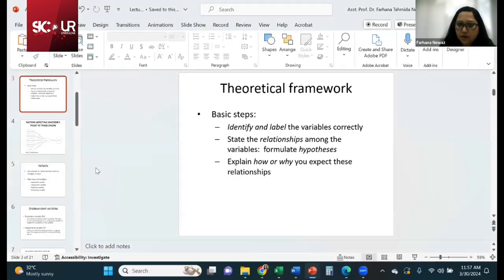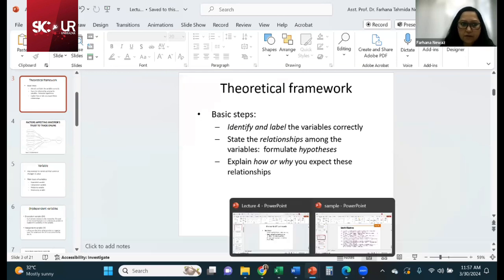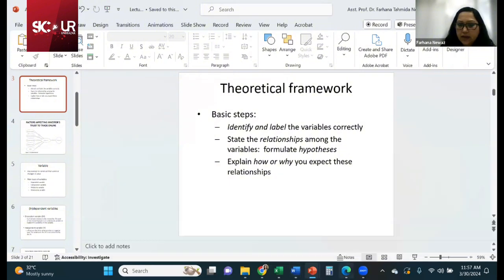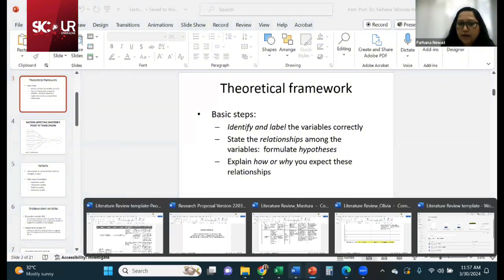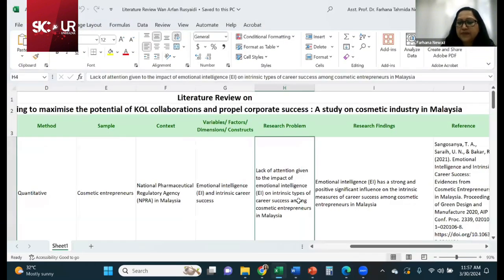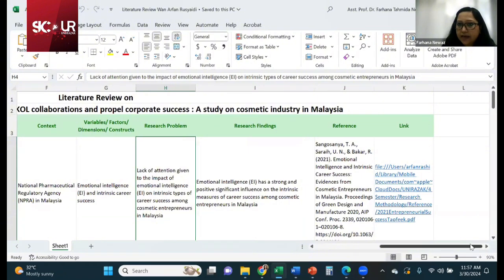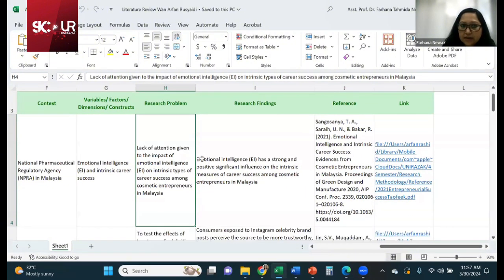If you say that yes, emotional intelligence has an impact on the key opinion leaders collaboration, then you need to give the justification. You need to explain. The explanation can come from the findings in this literature review.